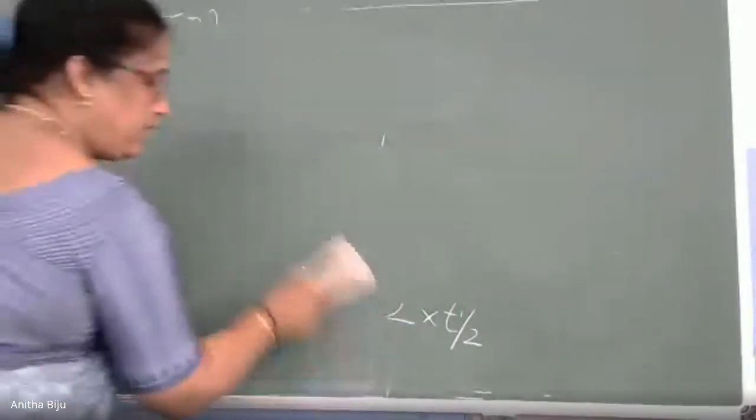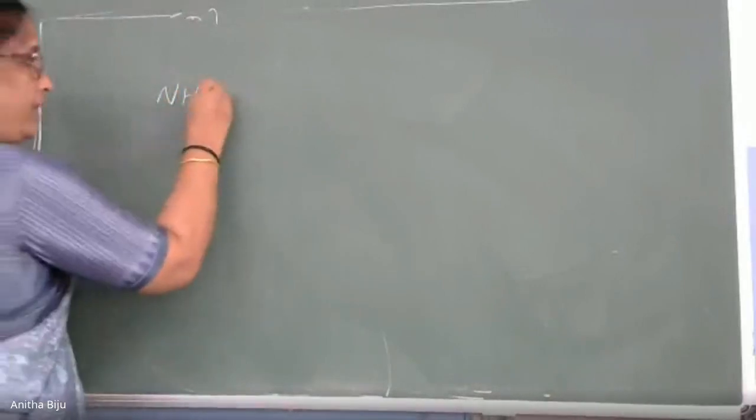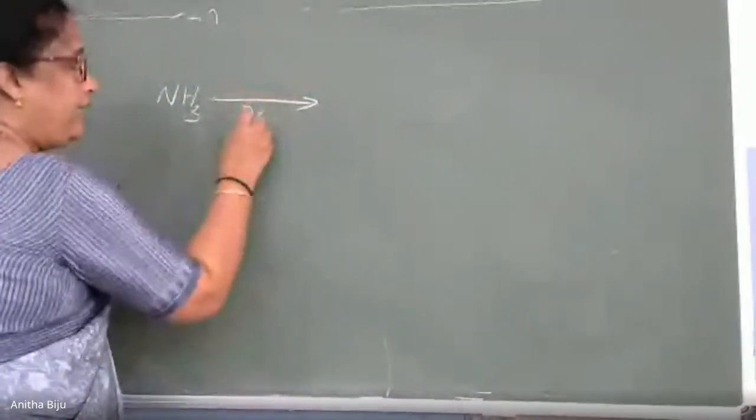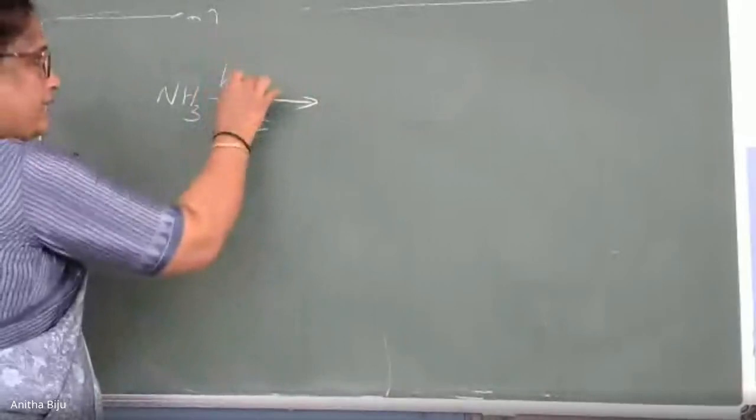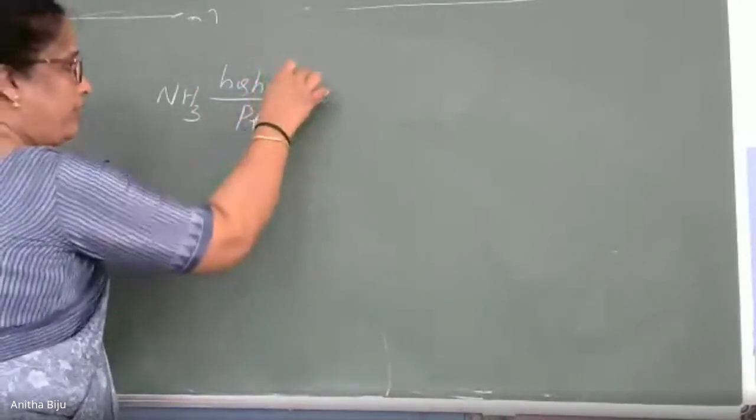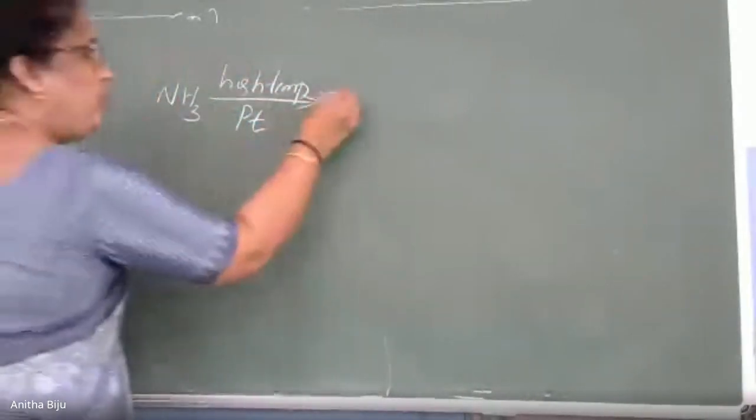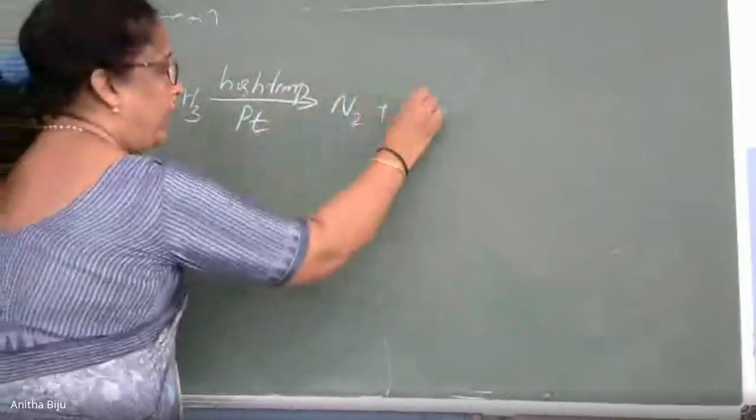See, ammonia NH3, and here the catalyst is platinum. It is kept at high temperature. It decomposes to N2 and hydrogen.